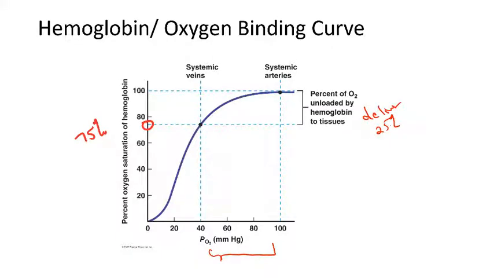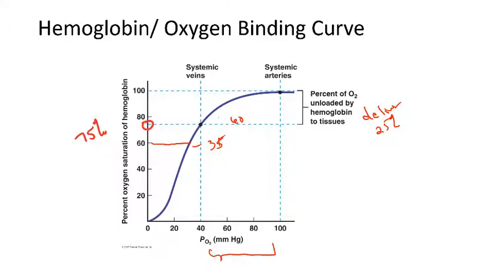But if for some reason the tissue has a further decrease in concentration, you'll notice that this curve gets very steep, and we can deliver even more oxygen for very small change. So if I go to 60 here, this is about 35. So it took a 60-fold change to deliver 25.